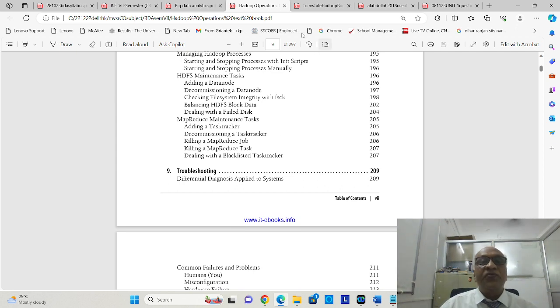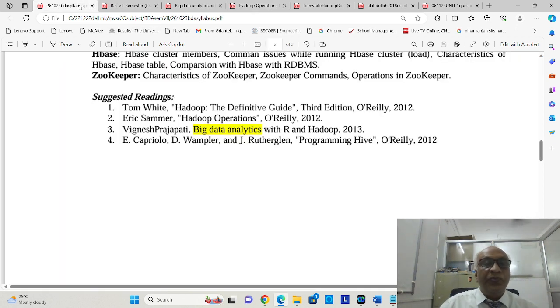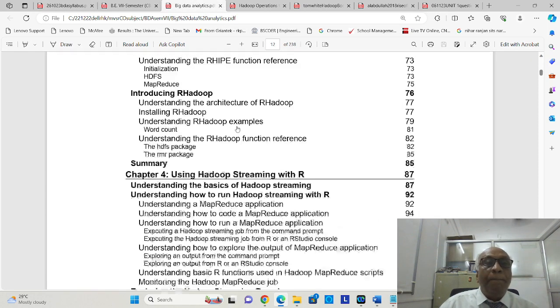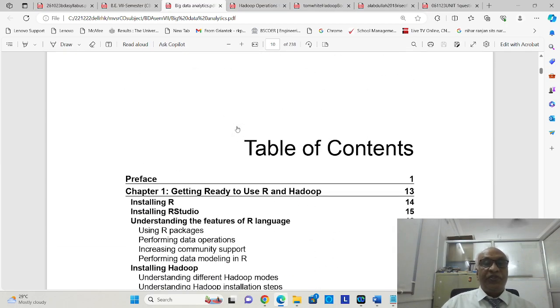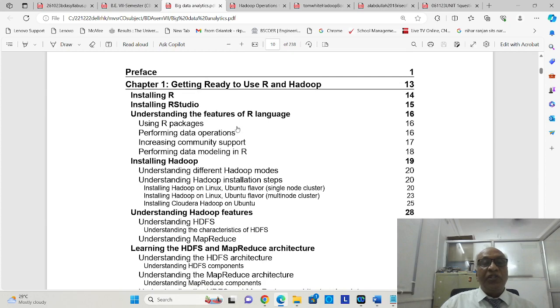So this also deals with Hadoop. Let us look at the third textbook, Vignesh Prajapati's Big Data Analytics with R and Hadoop. If you look at this book also, it is focusing on R and Hadoop.